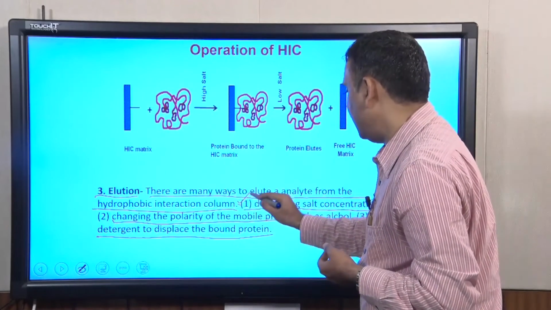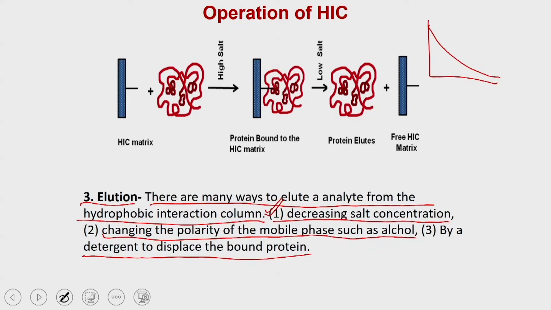But method number one, which is decreasing the salt concentration, is actually the mild method, because it is not going to affect the protein's stability or the protein's activity.